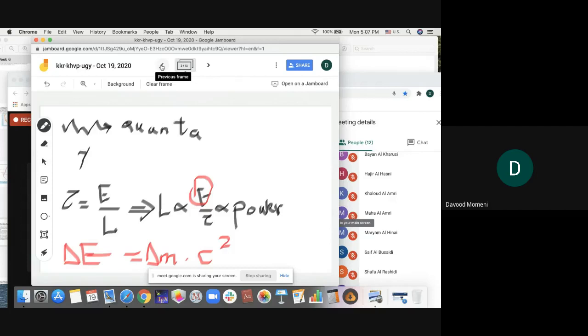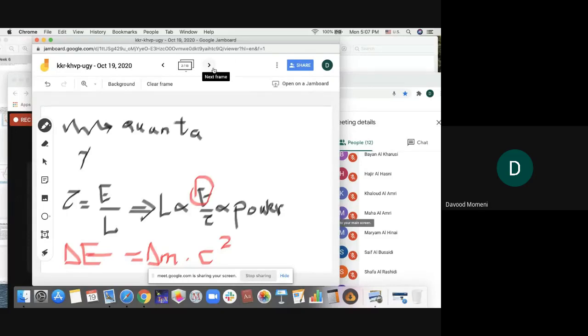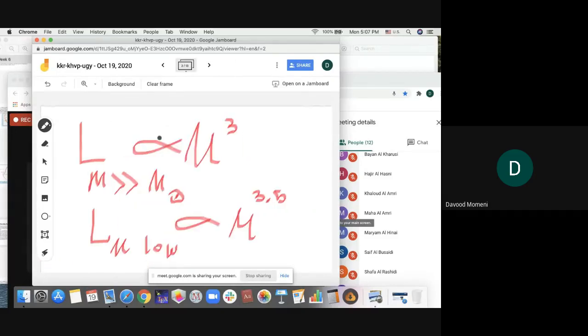So for high mass stars, how does it change? M squared, M cubed, M^4, M^5? We say from observation that for high mass stars, luminosity changes as a cubic. For low mass stars, it changes like M to the power 3.5.